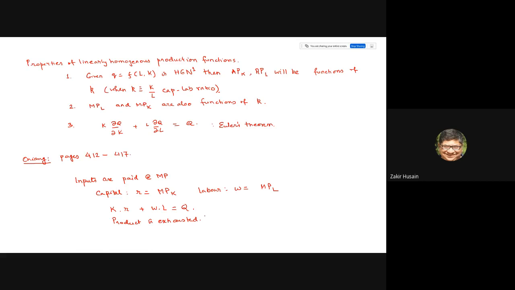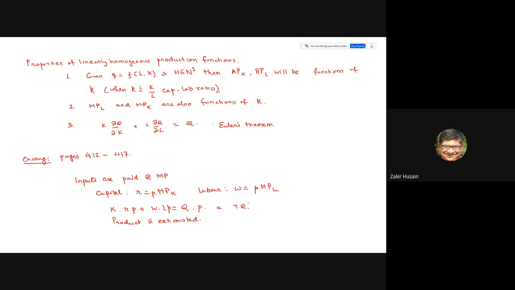Okay. So that means if they are paid their marginal products and we multiply them by the price, that is conceptually easier to understand. What is this? This is simply the total revenue.